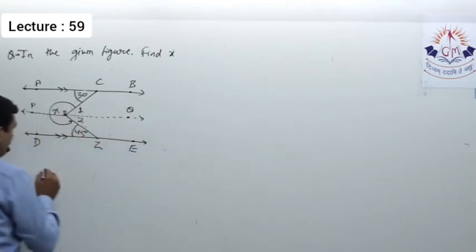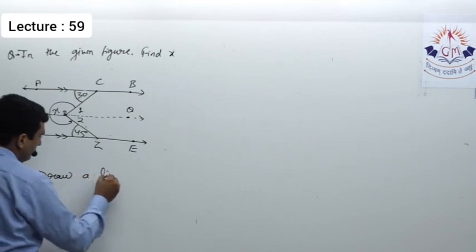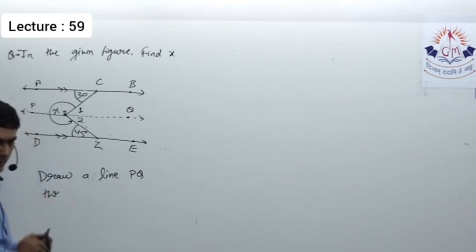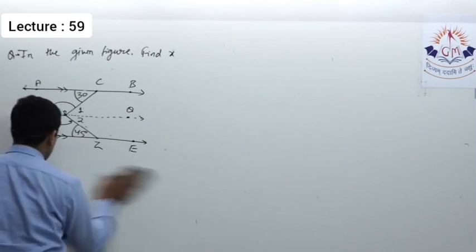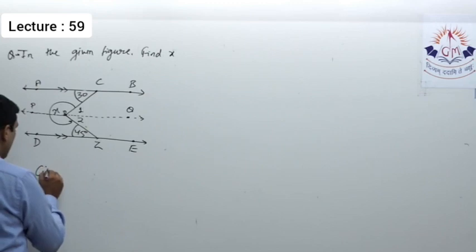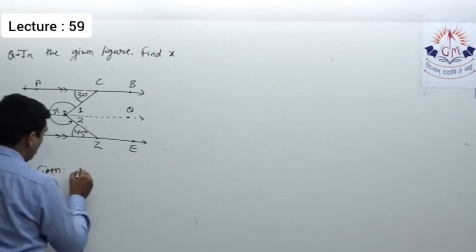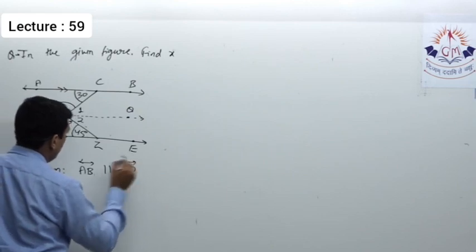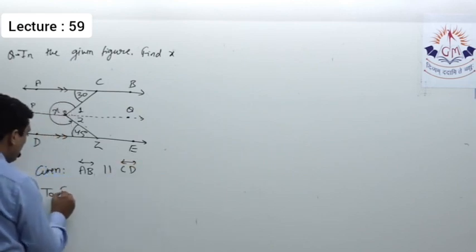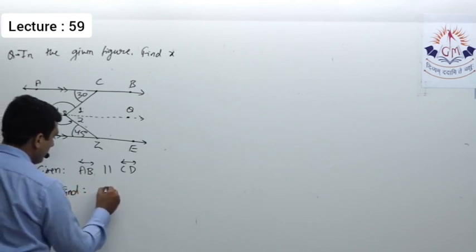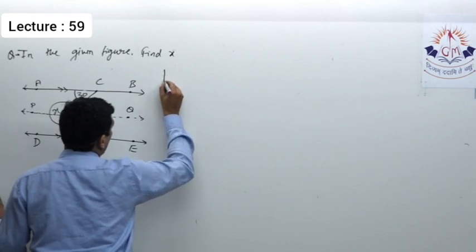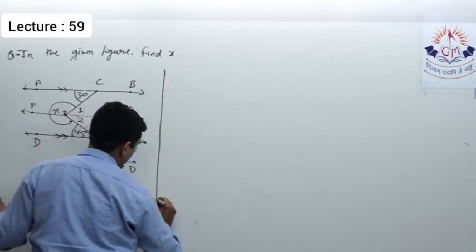So I will start. Draw a line PQ. Okay, I will give you the detailed solution of this. I will start with the given. What is given over here? Given AB parallel CD. To find x. Now here I need to make a small construction.